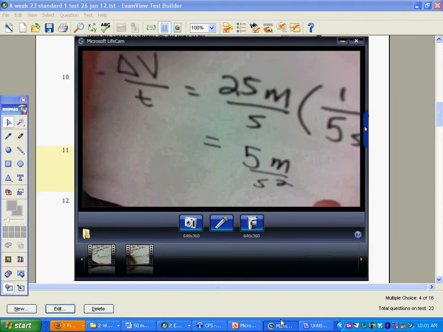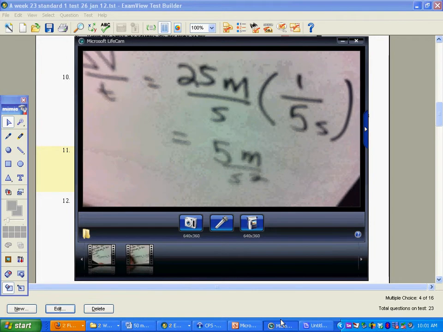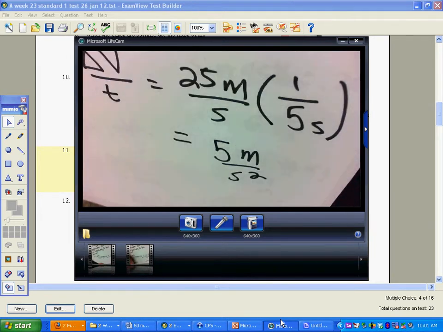5 squared. Okay. So, what I look at whenever I see somebody that just chose 12.5, what do I think that y'all did?